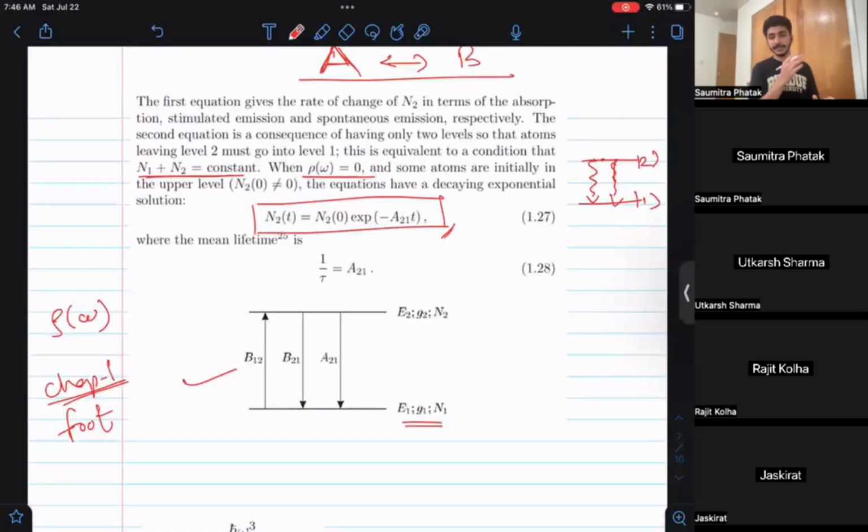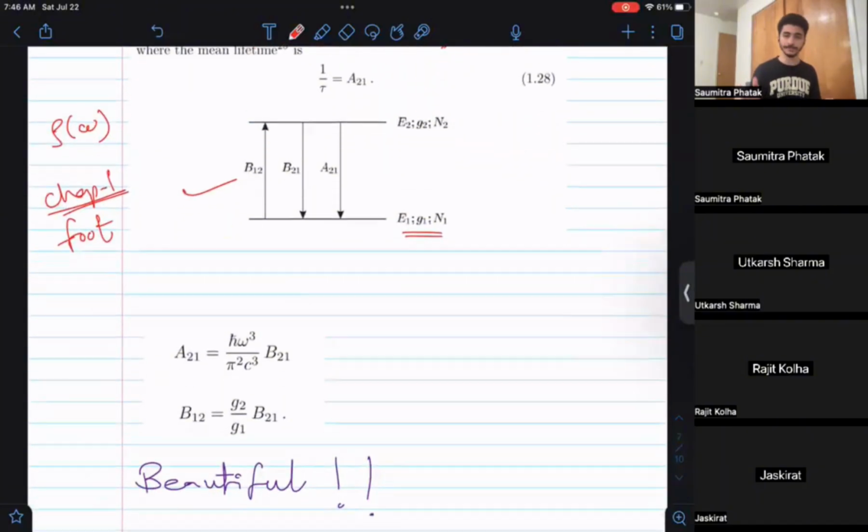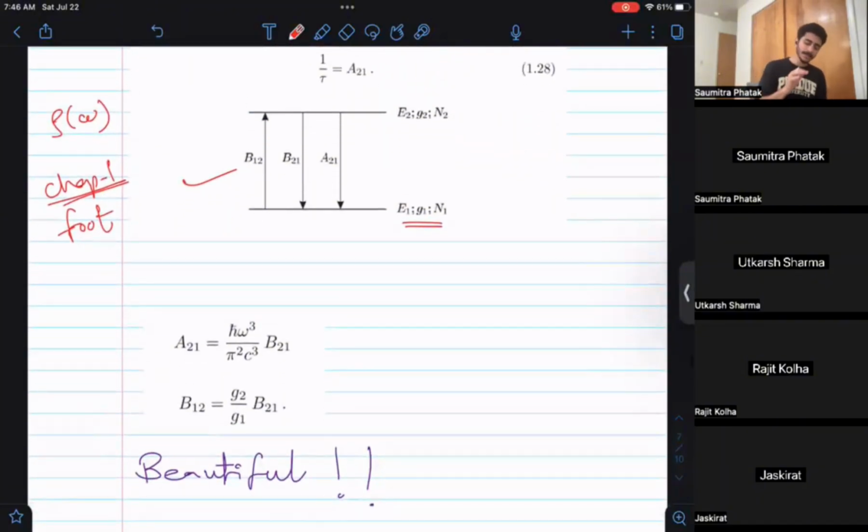So this formalism of Einstein A and B coefficients, where the A coefficient is spontaneous emission and the B coefficients are stimulated absorption and emission, gives us a formalism to talk about broadband radiation now. If broadband radiation is incident on the atom, then we get, after solving, there is a derivation in Foot that you can follow, and you can maybe derive it for yourself if you get time.